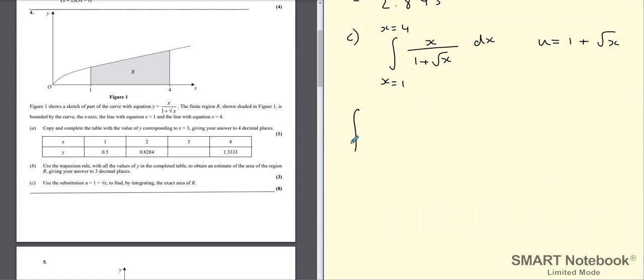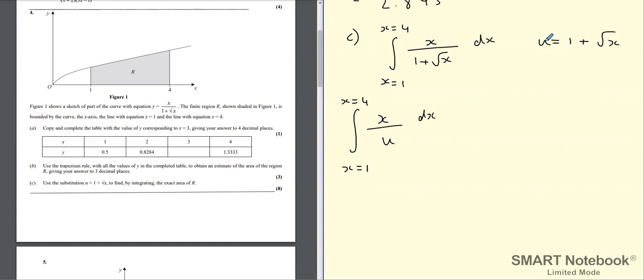So let's start working through this. 1 plus root x is u, so this becomes u. I've got dx here. Your limits haven't changed, so they remain at 1 and 4 in terms of x.